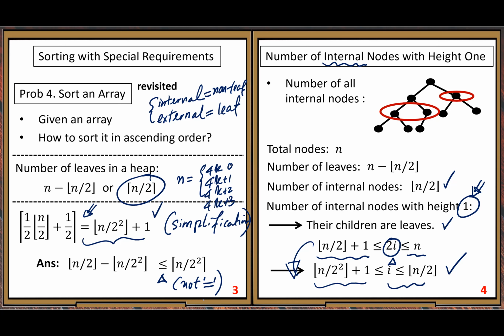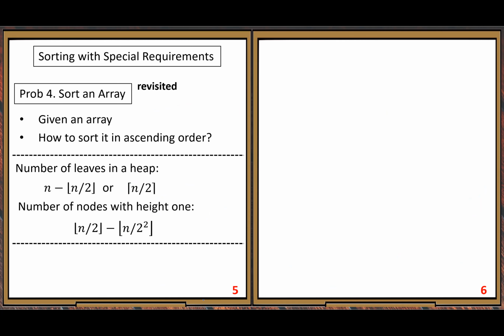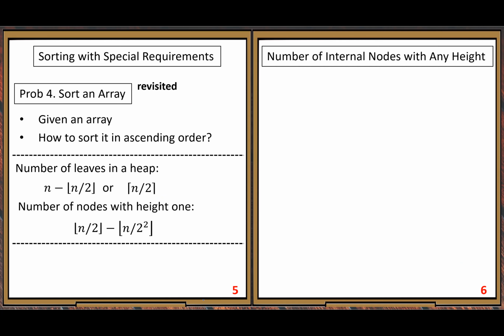All right, so let's go to the next step. Now we can consider the general case. After we did the height 0 case and the height 1 case, can we observe some special rule for the general height h case? Can we write the number of internal nodes with height h as a formula?